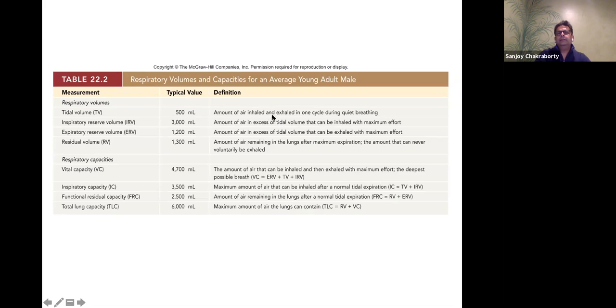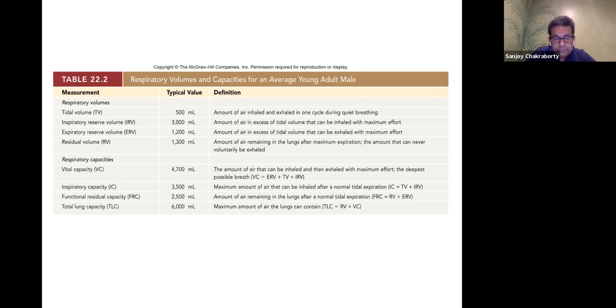It should be or; if you put and, the definition becomes a little bit tricky. So I would use the word or, meaning whatever you take in is the same amount you breathe out. So let's say 500 ml you took in.